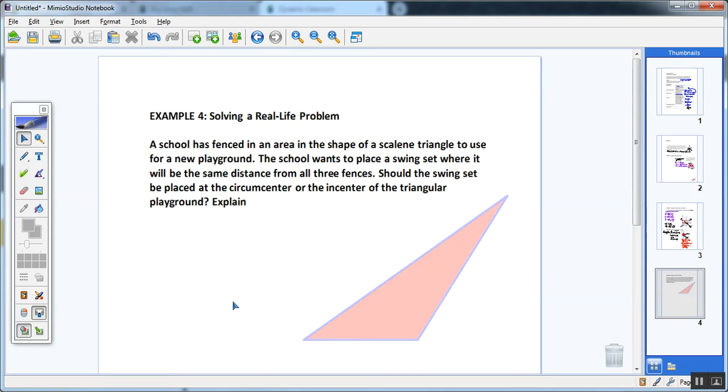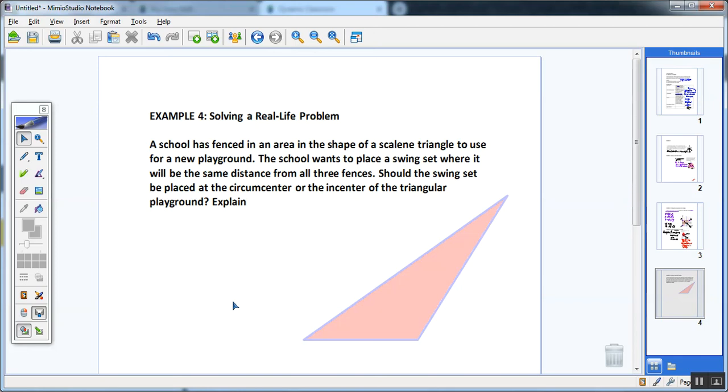I have a question here, kids. Do you have a fence at a point, or do you have a fence on a side? How would you describe that? On a side. Fences make up sides, right? Yes. Okay, so if we're looking to say, I want to put a swing set so it's the same distance from all three fences, we're talking about finding a distance from a point to a side.